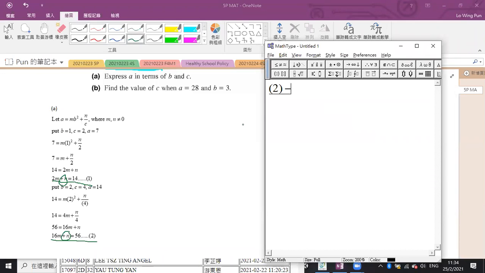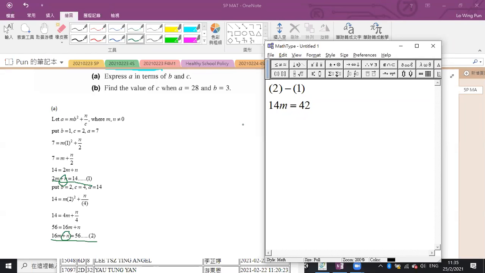I'm going to use equation 2 minus equation 1 to cancel out the N. For the M column, we have 16M minus 2M becomes 14M. For the N column, they are cancelled. For the right-hand side, we have 56 minus 14, which is equal to 42.